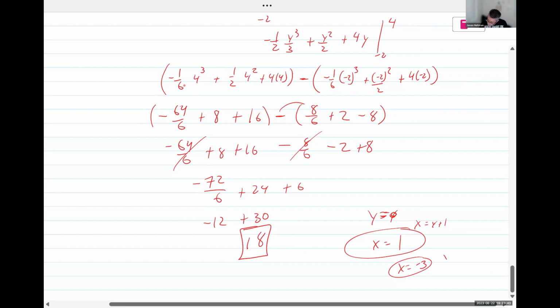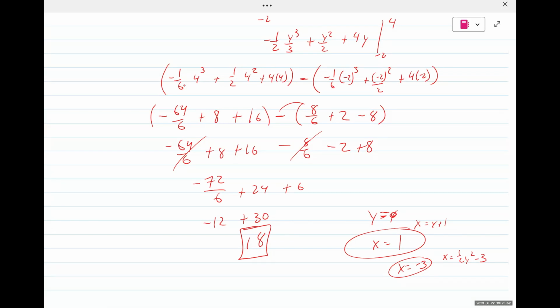So you could just say, this one's bigger, and they don't intersect.